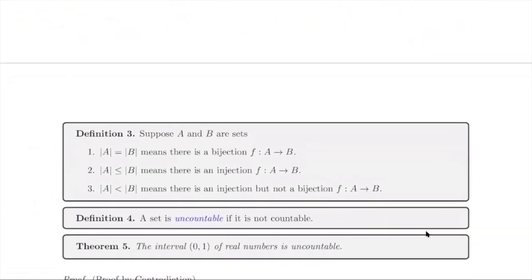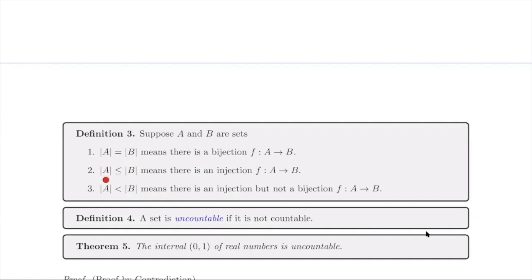Okay. A couple of things just to go back and review. Here, this is saying cardinality. This is what we wrote earlier, that two sets have the same cardinality if there's a bijection from one to the other. This is true regardless of whether these are finite or infinite cardinalities.